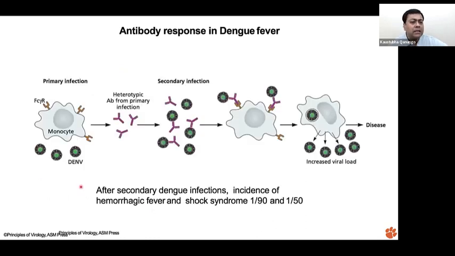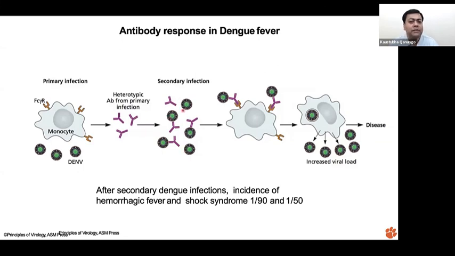What happens is that when you are infected the first time by dengue type 1, your monocytes, the circulating monocytes in your blood, have this Fc gamma receptor on them. And there are some heterotypic antibodies circulating from your previous infection, and they bind to the new type non-specifically.